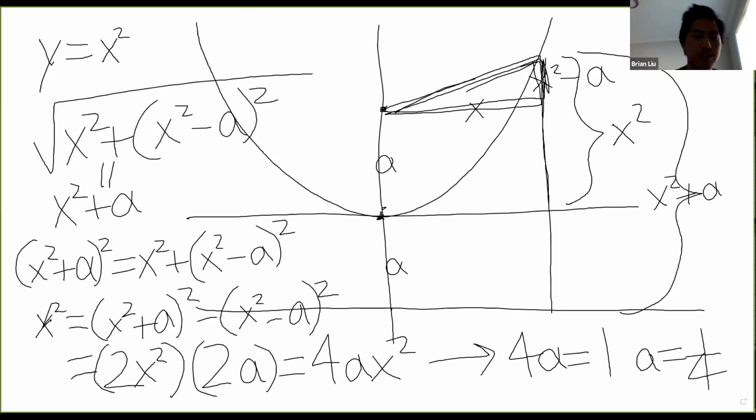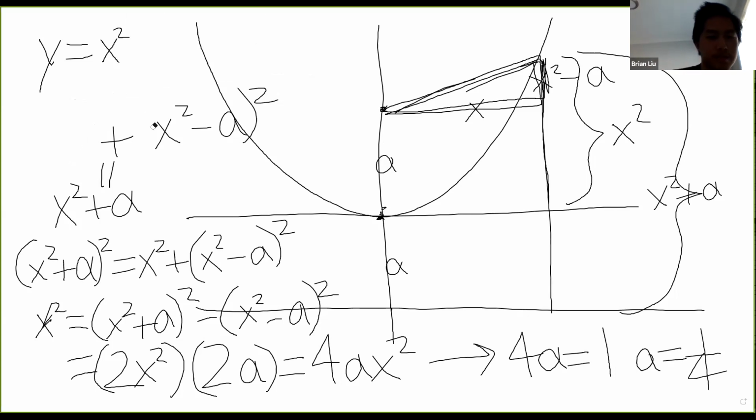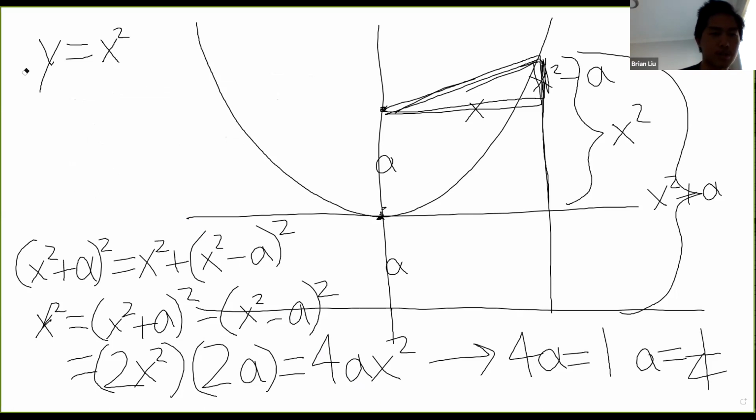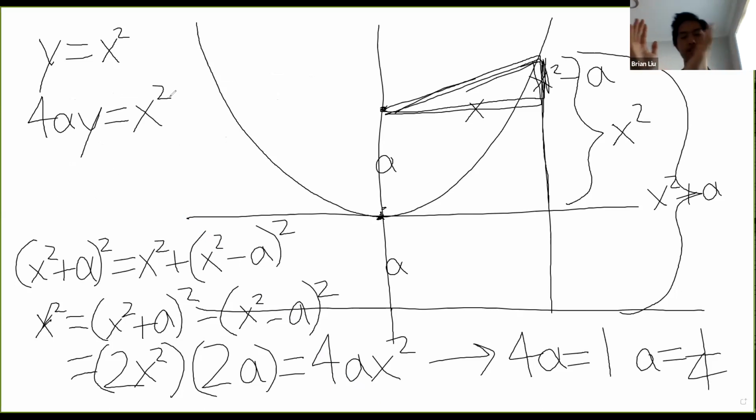So the general equation would be something like 4ay equals x squared. And obviously you can do various transformations to x and y to make it shift to the right, shift to the left, or up and down, have different roots and stuff like that. But to see the focus and directrix, I think this is the general form that makes it most clear.